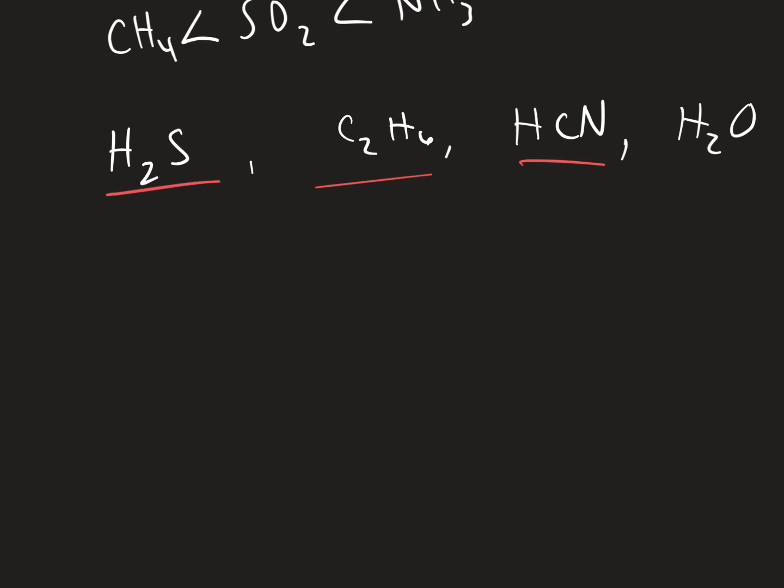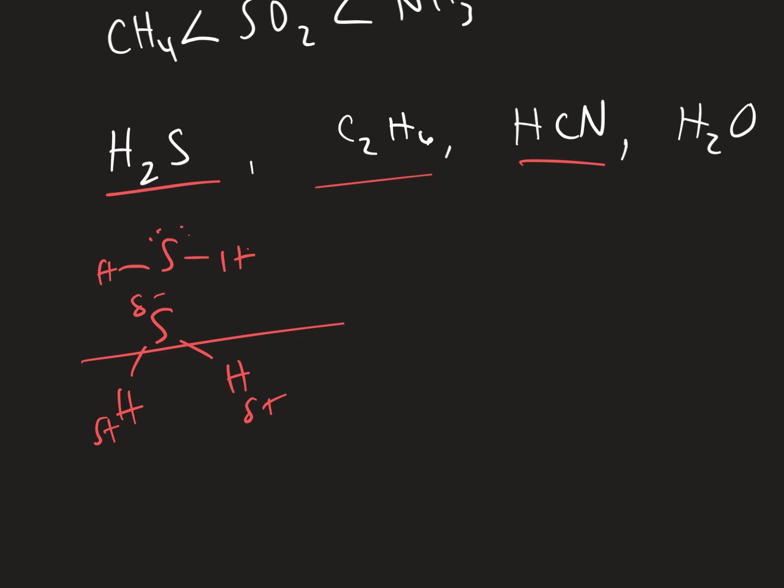What's the intermolecular force for H2S? What does that look like? Bent, right? So it's like this. Partial negative, partial positive, partial positive. What's the difference between sulfur and hydrogen?